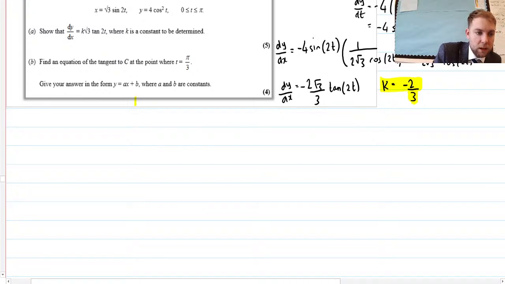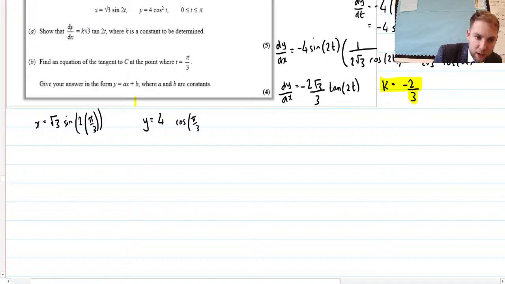So you need x and you need y first of all. So x is going to be equal to root 3 sine of 2 times by pi over 3, and y is equal to 4 cos of pi over 3.